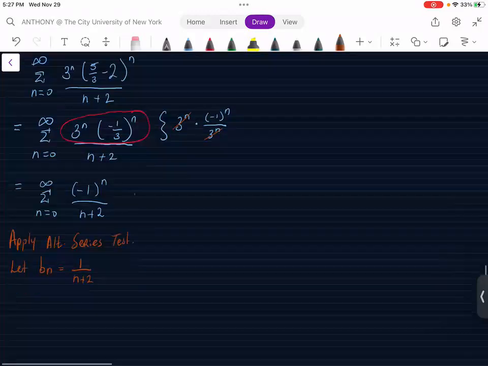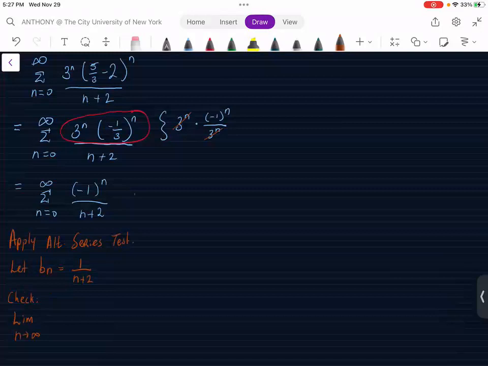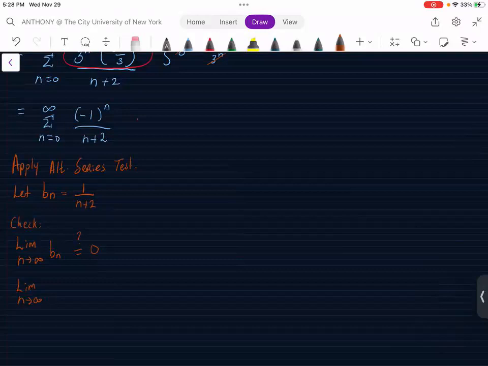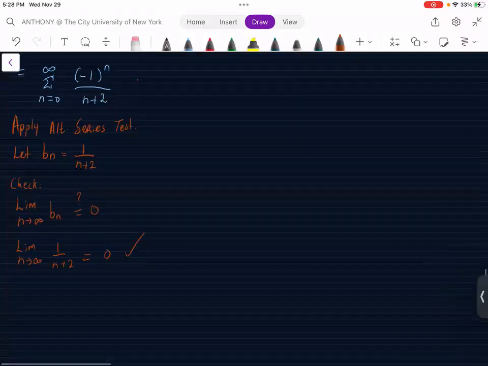So now we check. If I take the limit as n approaches infinity of bn, we want to see if this is equal to 0. Our bn here is 1 over n plus 2. Is this equal to 0? Yes, that checks. Now we also want to check that sequentially the terms are decreasing.